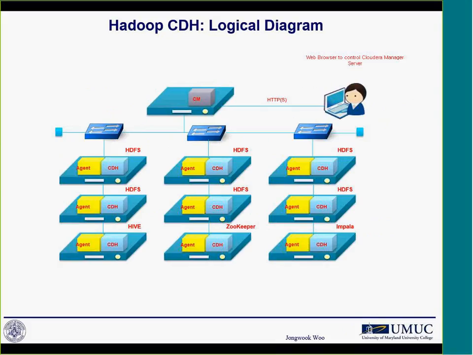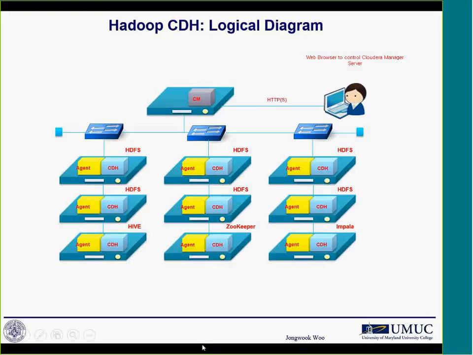And this is a logical diagram of how a Hadoop cluster can be built, especially based on the Cloudera Hadoop version. Cloudera, one of the most popular leading big data companies, has a Hadoop version named CDH. Simply, we can say the Cloudera Hadoop version.